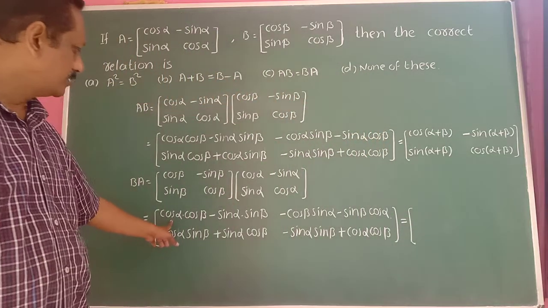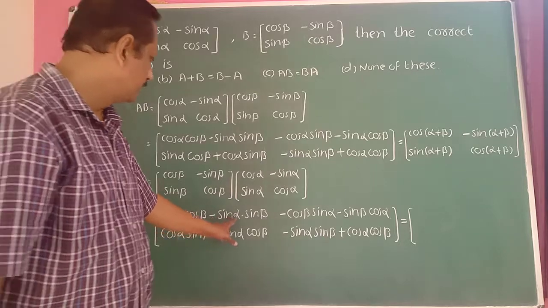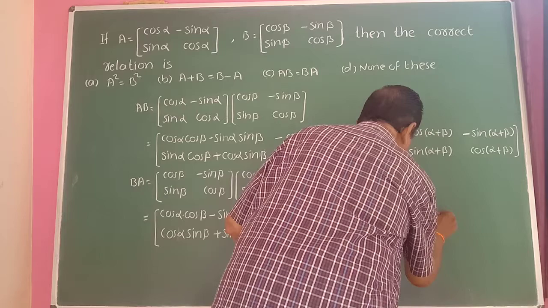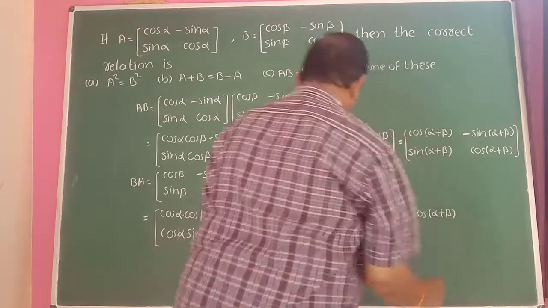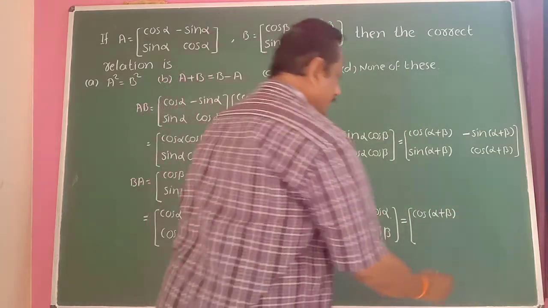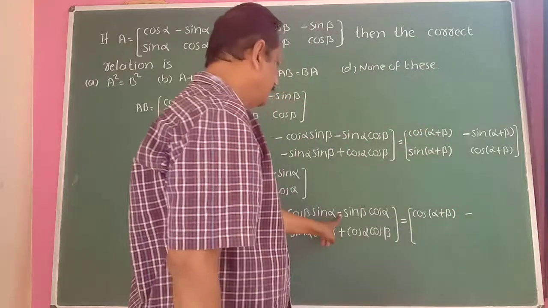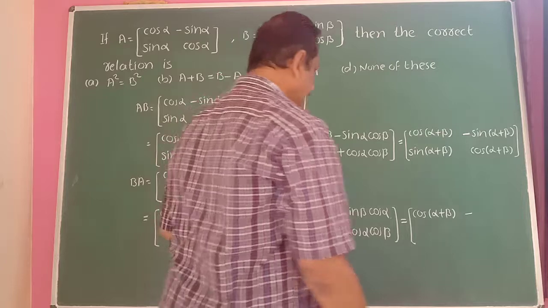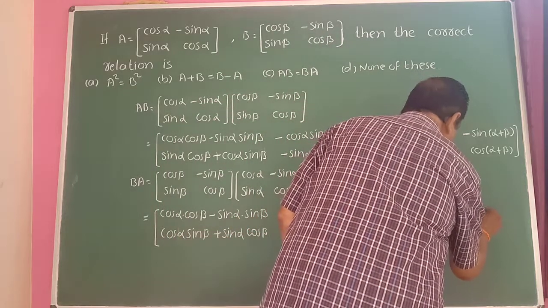Therefore this is equal to, here cos alpha cos beta minus sin alpha sin beta is cos of alpha plus beta. Here both are negative terms, so take minus outside as a common factor. Then sin alpha cos beta plus cos alpha sin beta becomes sin of alpha plus beta.